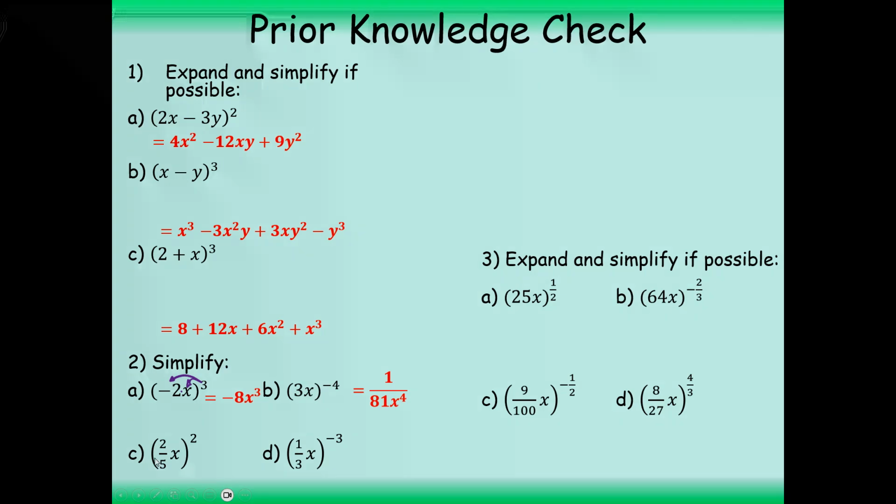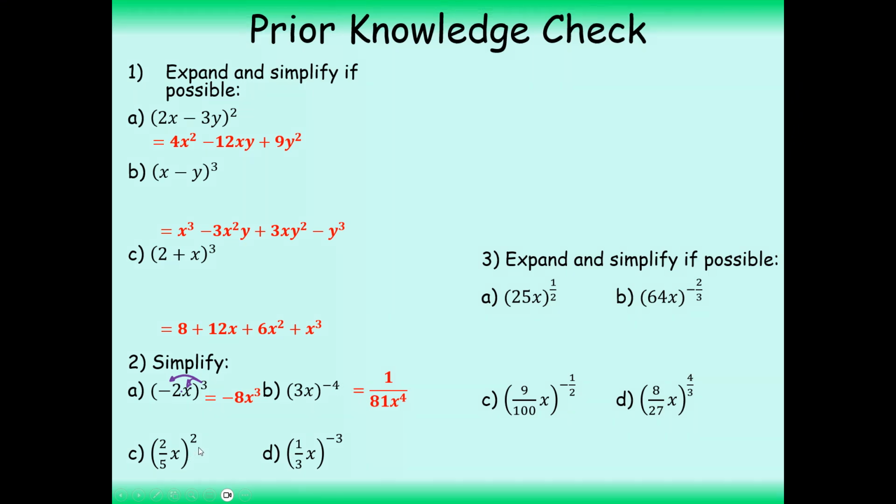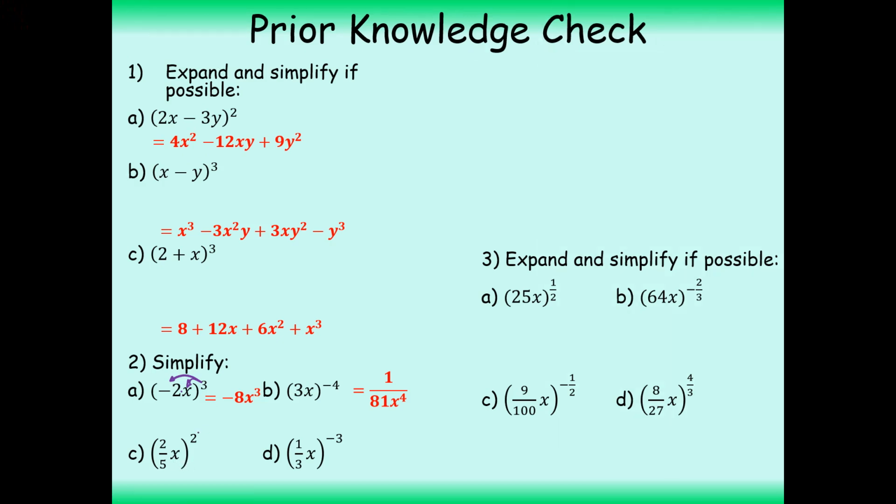Okay, so I've explained these in more depth in chapter 1, where we dealt with negative and fractional powers. So for part two here, you distribute the power of the bracket to every term inside that bracket, because there's no plus or minus sign here. This is not binomial expansion.